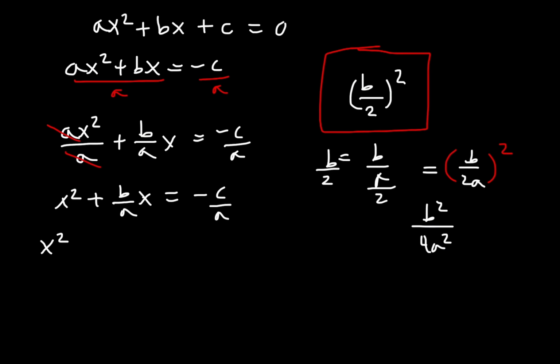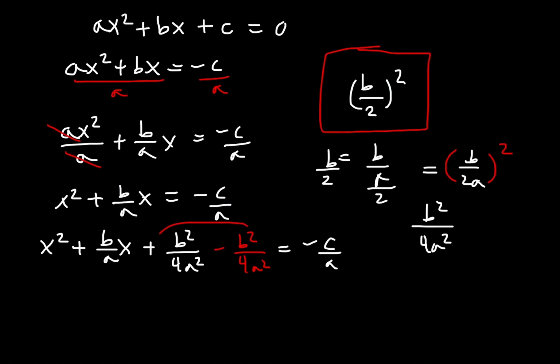So that becomes b squared over 4a squared. So now we have x squared plus b over a times x plus b squared over 4a squared minus b squared over 4a squared, which equals negative c over a. Notice that I'm not changing anything, because if you simply add these two up, they basically just cancel out.